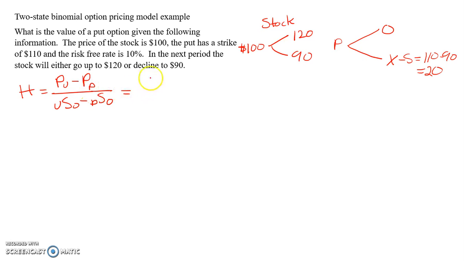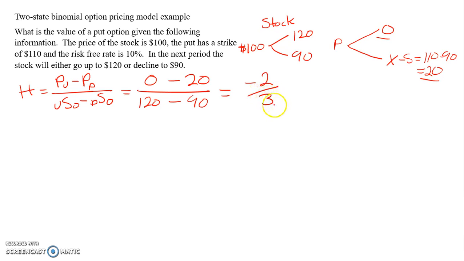All right, so the value of the put in the up state is 0. The value of the put in the down state is 20. So 0 minus 20 divided by 120, the value of the stock in the up state, minus 90, the value of the stock in the down state. So this is negative 2/3, our hedge ratio. What this tells us is that we need 3 puts to hedge 2 shares of stock.